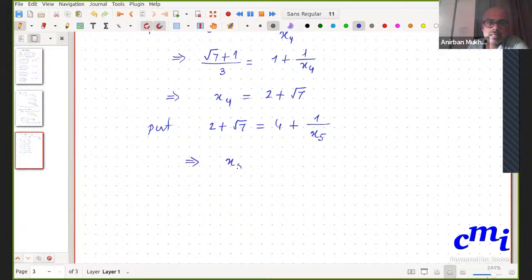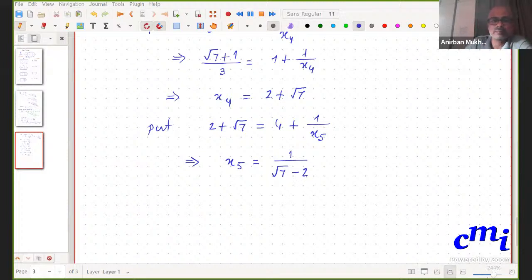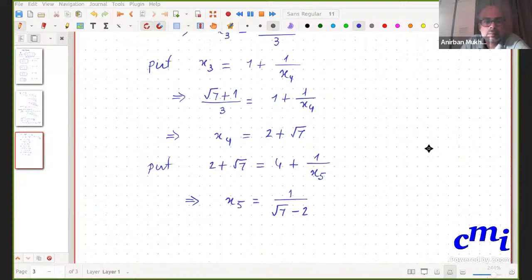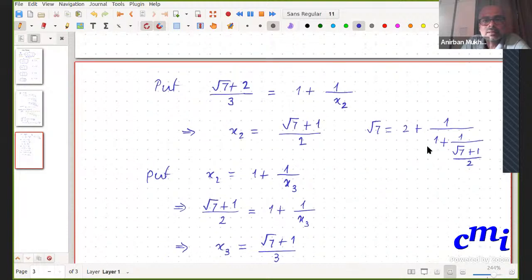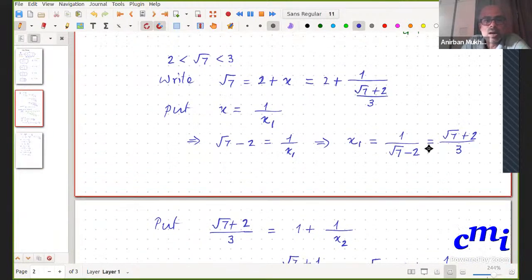Then x5 is 1 over square root of 7 minus 2. I haven't rationalized the denominator because of the pattern. This is exactly what is happening. The repetition comes now.